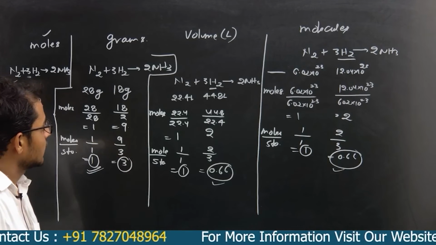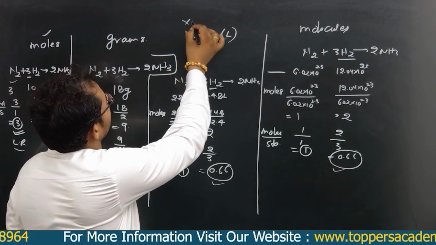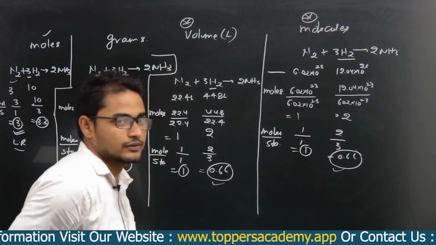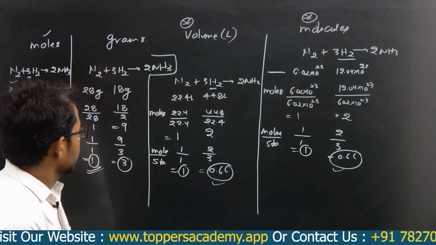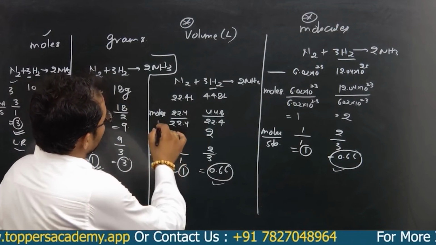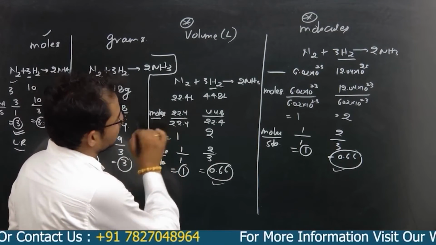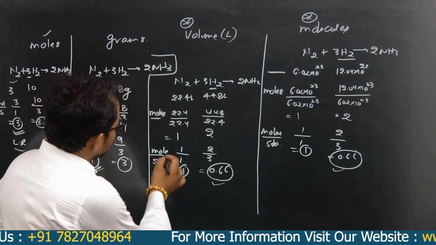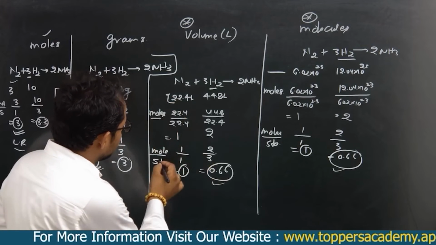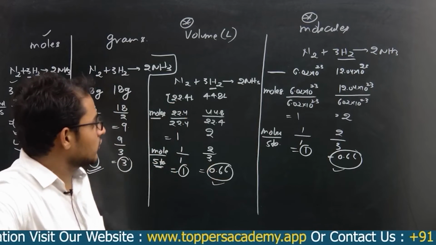One more thing: for this case volume and for this case molecules, suppose it is given, then we are not necessarily bound to first calculate the number of moles. We can divide the volume in liter directly by the stoichiometric coefficient, and the value which will be lesser will be the limiting reagent.